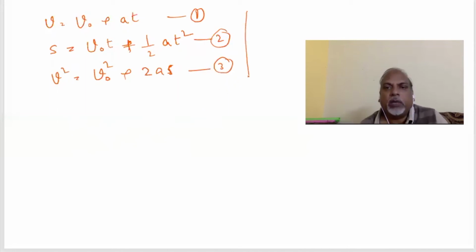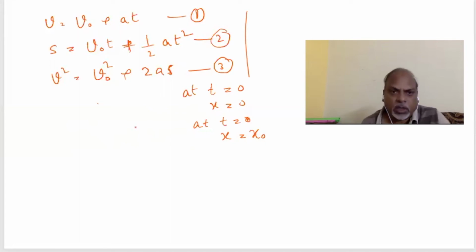In all these three equations, we have assumed that at t is equal to 0, the distance x is also 0. And suppose at t is equal to 0, x has some distance, that is x0, then these equations will be modified.